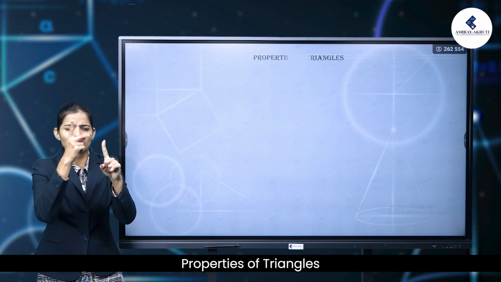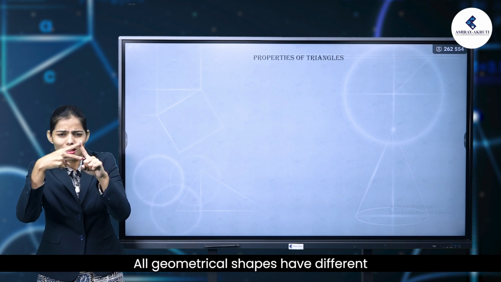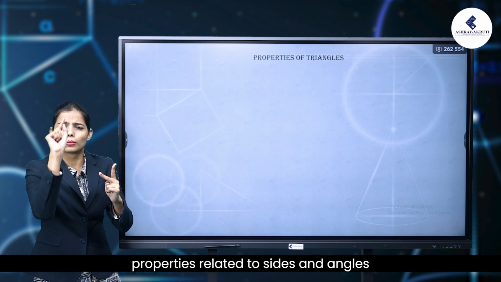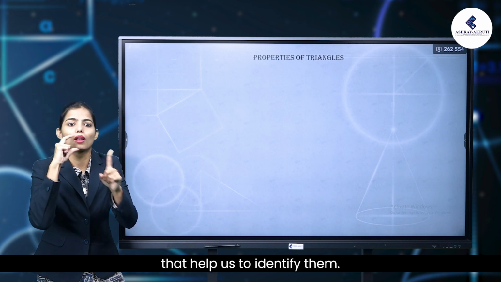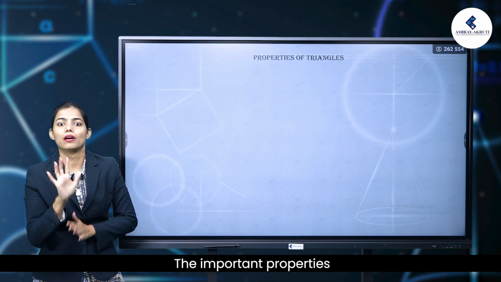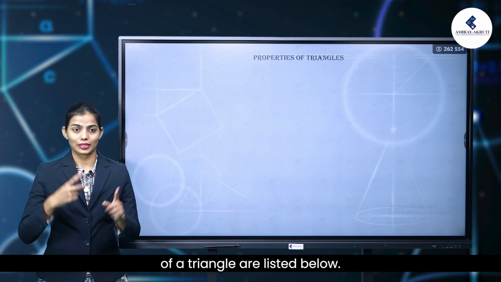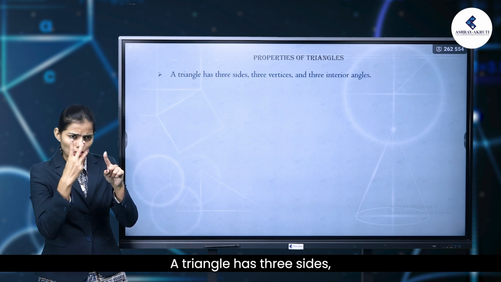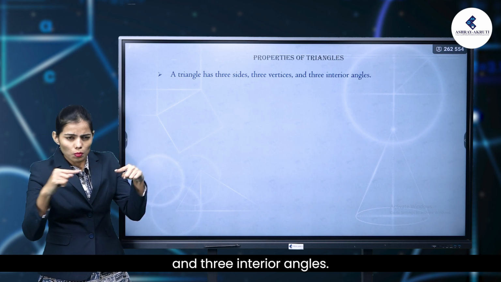Properties of triangles. All geometrical shapes have different properties related to sides and angles that help us to identify them. The important properties of a triangle are listed below. A triangle has three sides, three vertices and three interior angles.